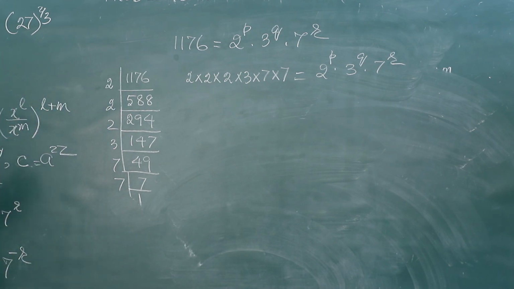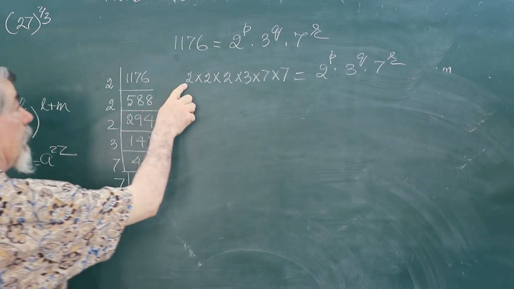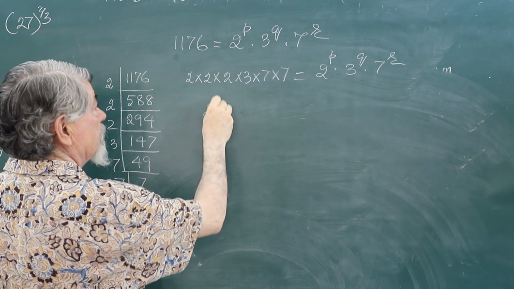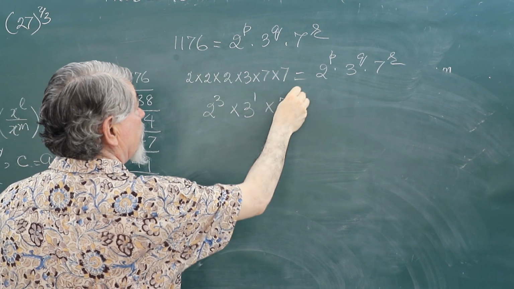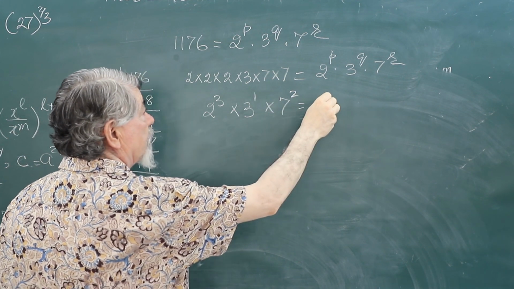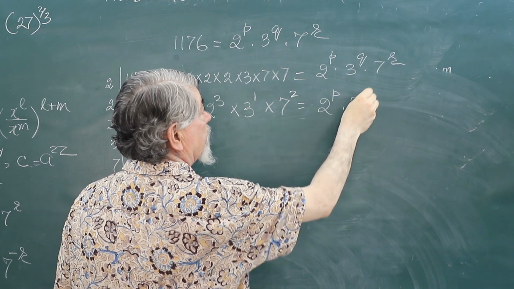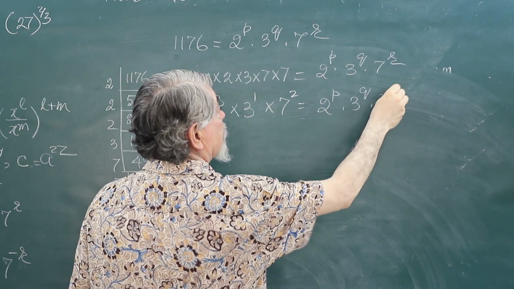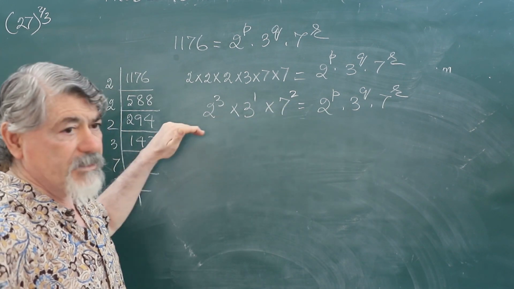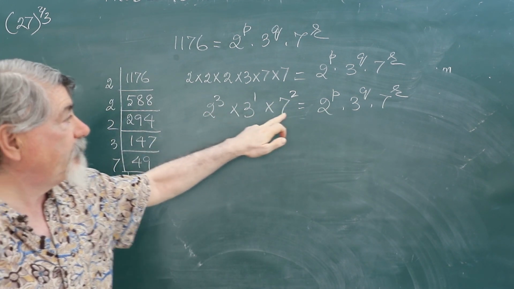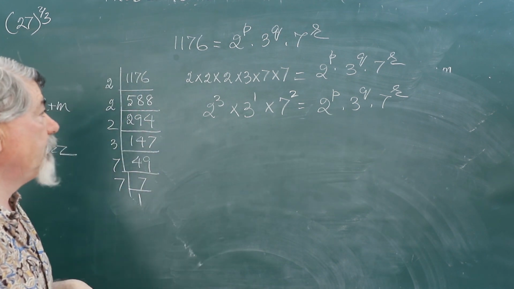You've got the prime factors of 1176 as 2 to the power 3, 3 to the power 1, 7 to the power 2, which is equal to 2 to the power p, 3 to the power q, and 7 to the power r. So I have got on both the sides bases same, 2, 3, 7 multiplied.